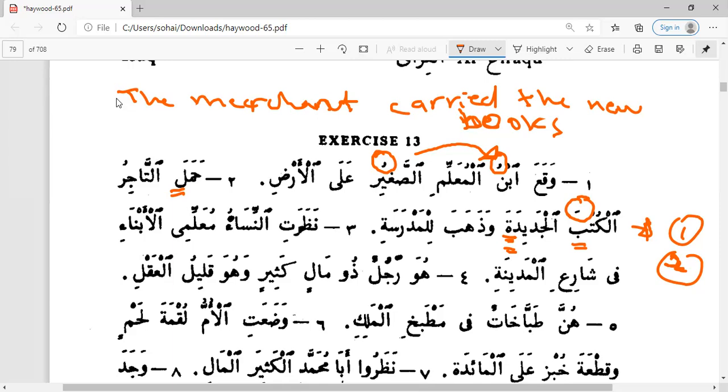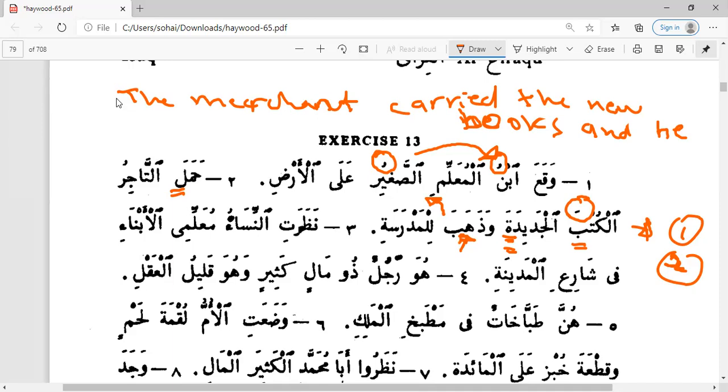Wa zahaba, and zahaba means went. And went lil madrasati. What's the subject here? Who went? Same Tajir. Is Tajir mentioned separately here? No, it's not mentioned after the verb. So when the noun is not mentioned separately after the verb, then the pronoun within the verb must be the subject.